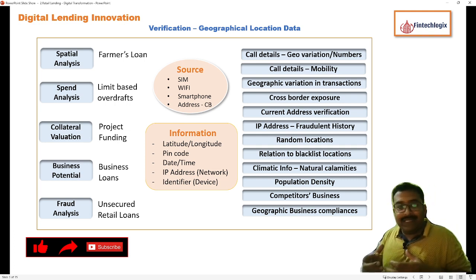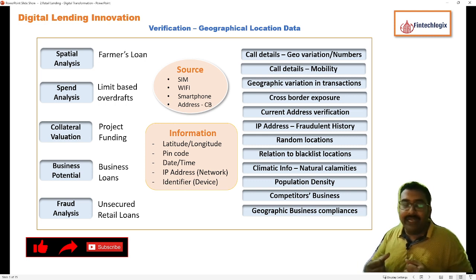So definitely this is an aid in doing your credit underwriting, but still a lot of improvement has to be done in these areas to accurately understand the customer's behavior from location data. Work is going on, and as and when there is additional advancement or innovation in this area, I'll definitely create different videos to let you know all these details.